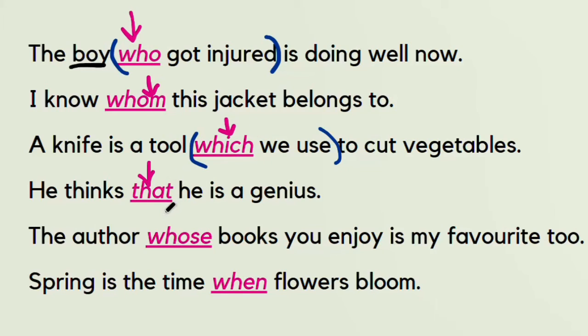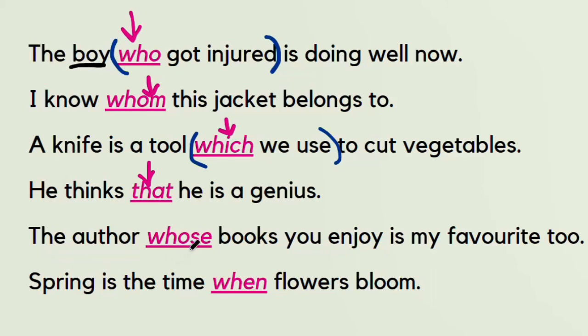But if you are using that, there should be something really important after it, that if you remove it from the sentence, the meaning of your sentence changes. Okay. One more thing about which and that: which is only used with non-living things, but that can be used either for people or for things.